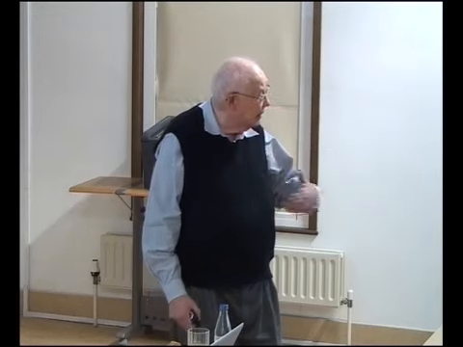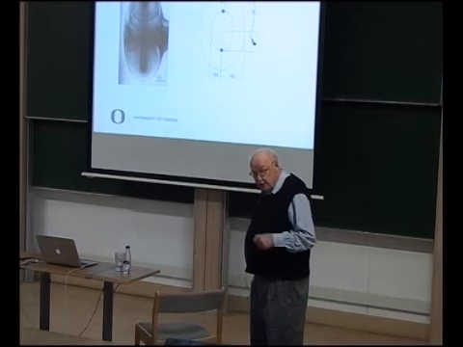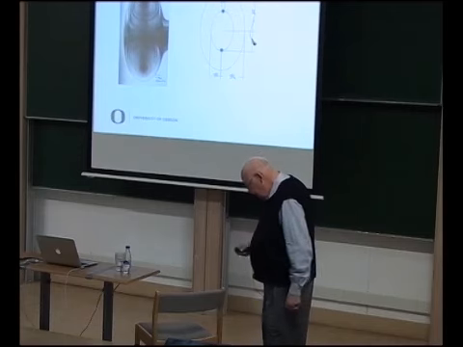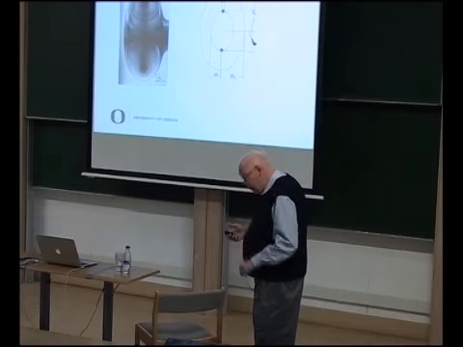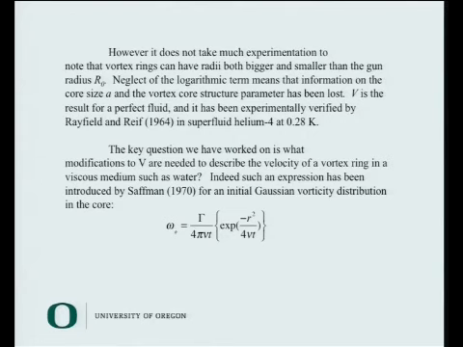If you have a current loop in an external magnetic field, and you adjust things just right, there will be a region around the current loop, a spherical region, which just excludes all flux from the external magnet. I find that analogy useful because the current density is analogous to the vorticity, and the external magnetic field B is analogous to the velocity of the ring in the lab system. So if you turn the external magnetic field off, the bubble disappears. And if you stop the ring, the bubble disappears.